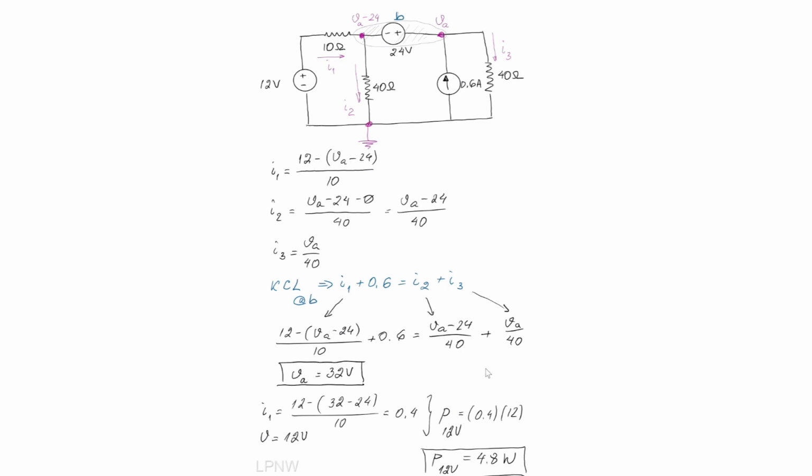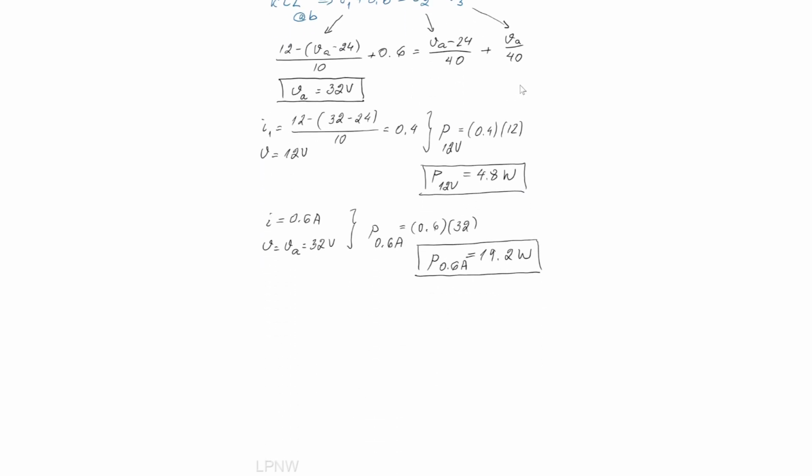So for the 24 volt source, the voltage is 24 volts as given, and the current is negative 0.6 plus VA over 40.